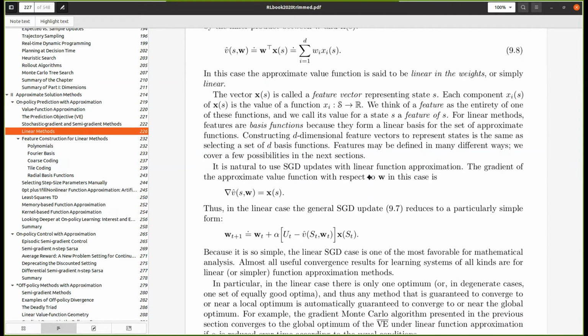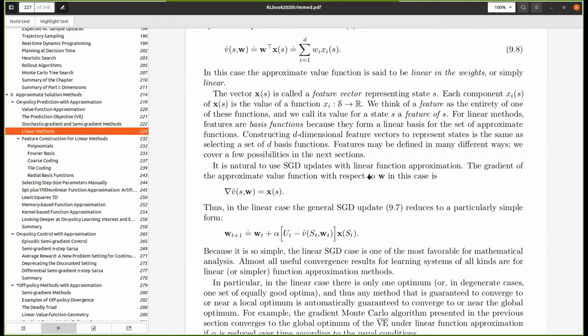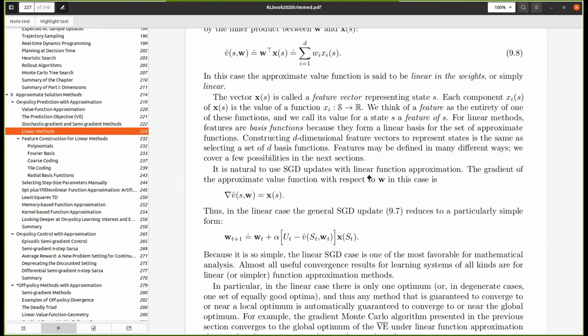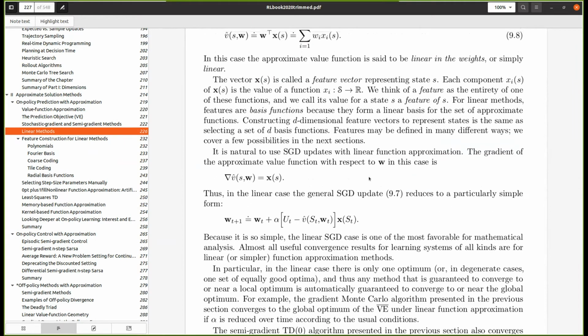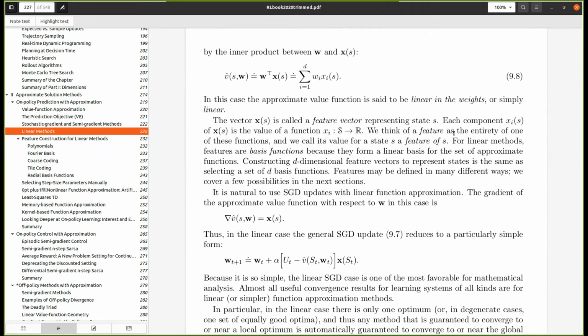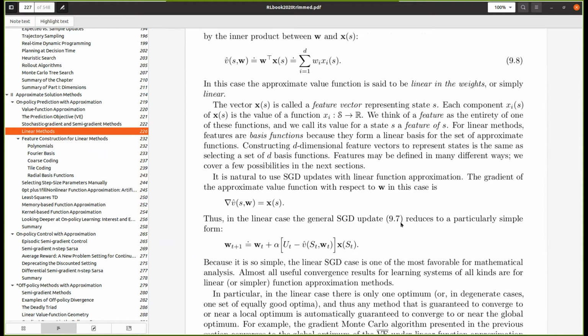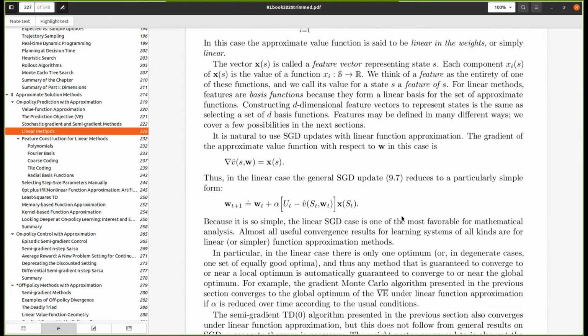In the coming chapter, we will consider a bunch of methods for constructing features from the state. In general, the best choice depends on the particular problem we are dealing with, so it will probably rely on our knowledge of the environment to construct good features.